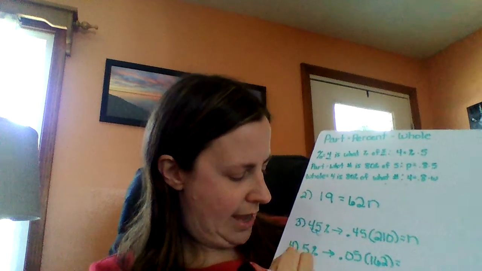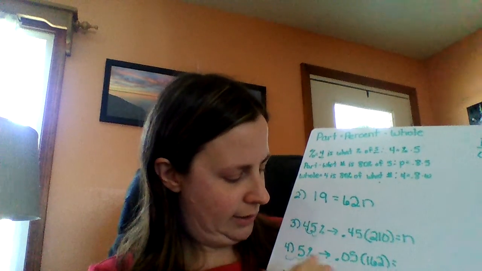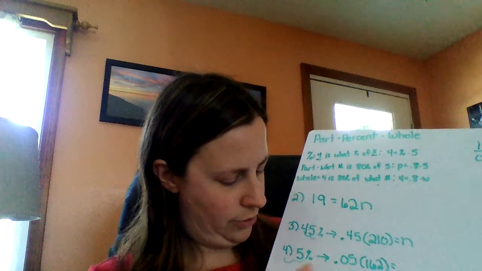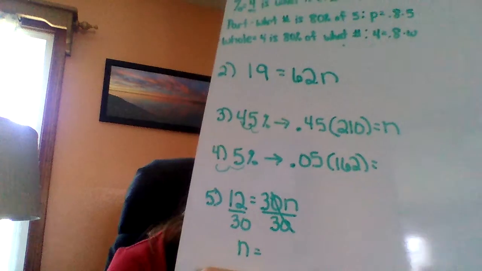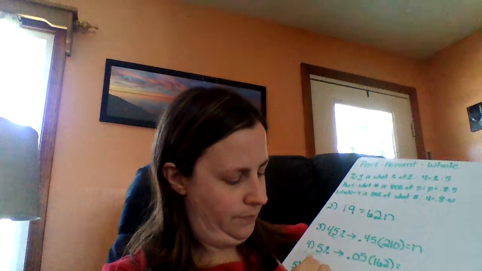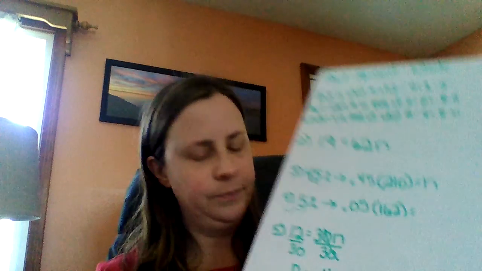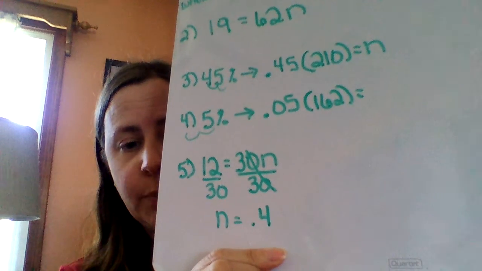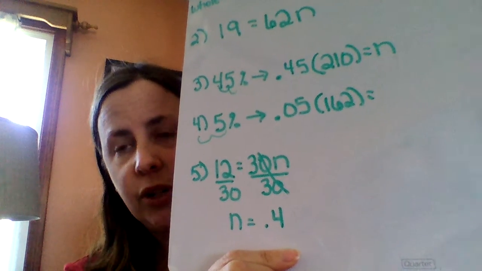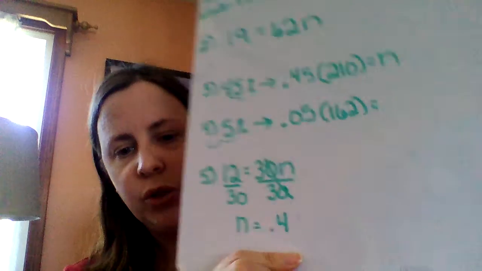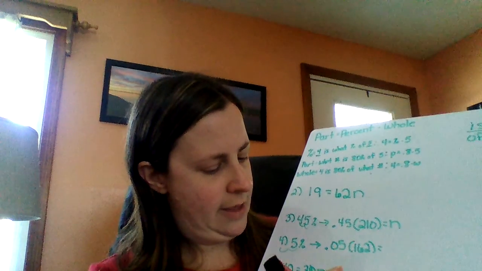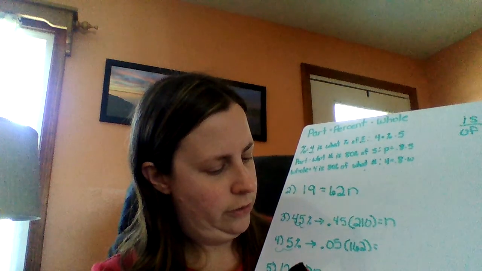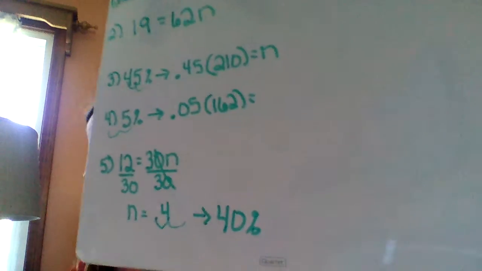I'm going to divide both sides by 30, and I get that n is equal to 0.4. However, I want it as a percent, so I need to move my decimal 2 spots. Zoop, zoop. And that gives me 40%.